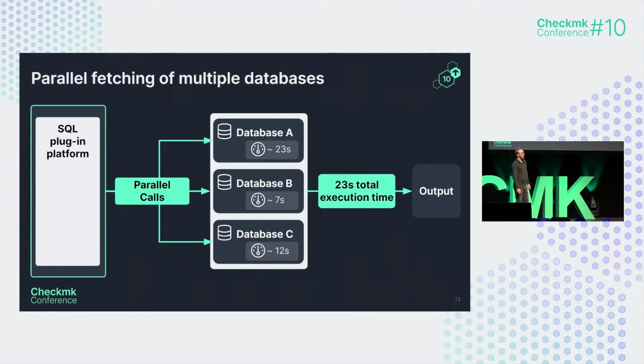Before, the plugin would have been run for 42 seconds, the sum of all three, and almost double the time. Thus, in the real world, you need to balance, of course, between not putting your database server under too much load and fetching the data in parallel at the same time.